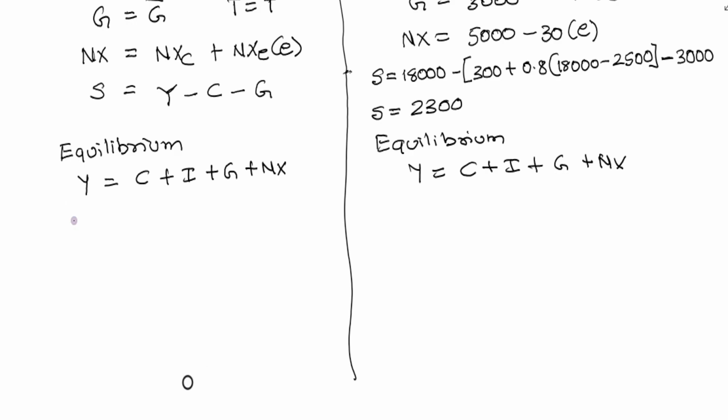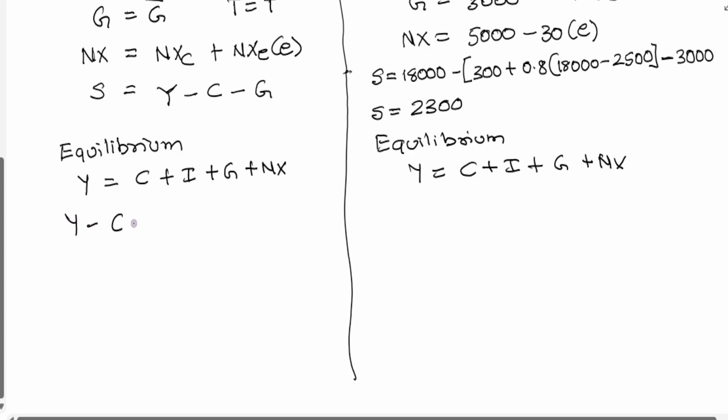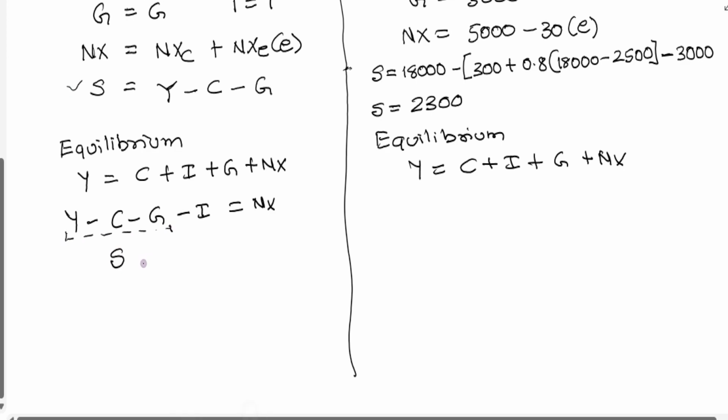When we move terms, we will have Y minus C minus G minus I equals NX. Now, you can clearly see that Y minus C minus G is our savings, and savings minus investments is equal to NX. And this is an interesting identity, because this is capturing the savings investment gap, which is net capital outflow, and this is capturing the trade balance.